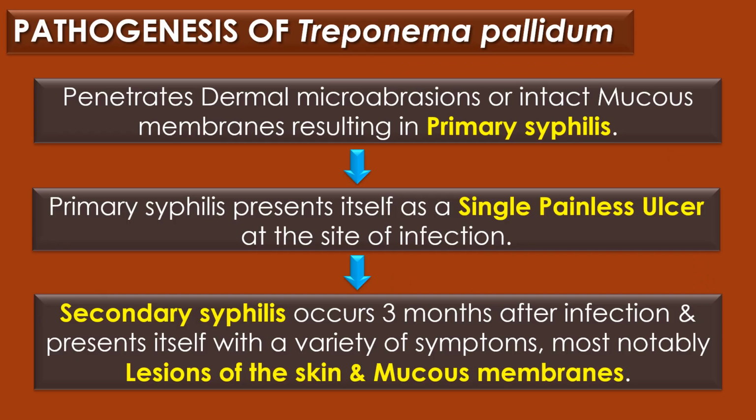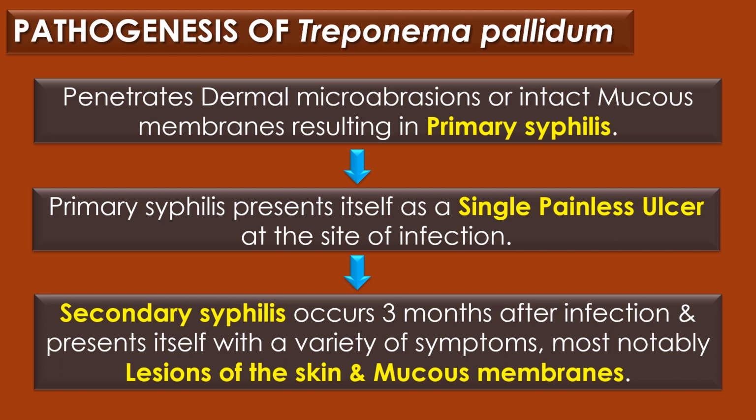Pathogenesis of Treponema pallidum. Treponema pallidum is the causative agent of syphilis, a chronic infectious human disease transmitted between individuals via sexual intercourse or from mother to child. Untreated syphilis progresses in a series of distinct stages like primary stage, secondary stage, latent stage and tertiary stage.